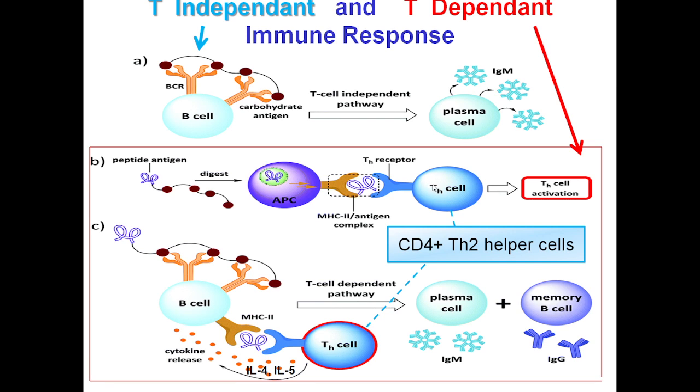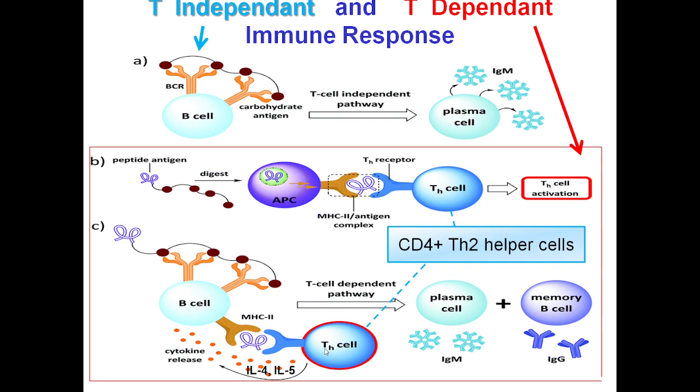After that the T cell becomes activated. Of course, this is a CD4 T helper cell type 2, because we are talking about synthesis of antibodies. The activated T helper cell is shown in the lower part of the slide and marked by the red circle.